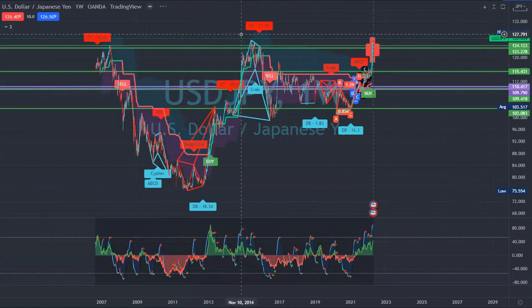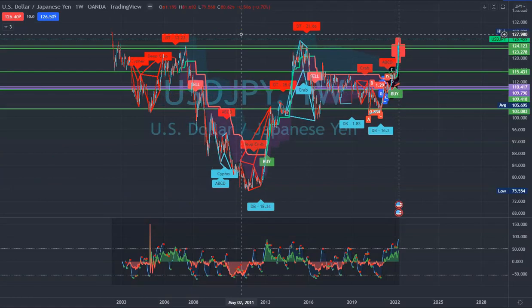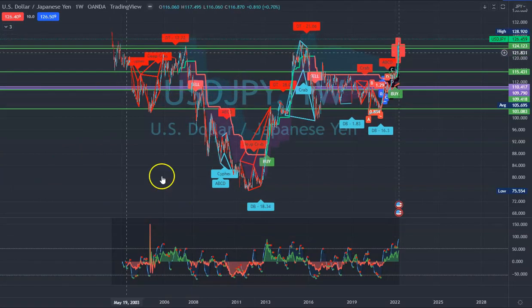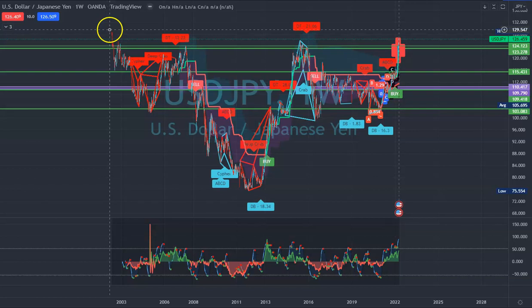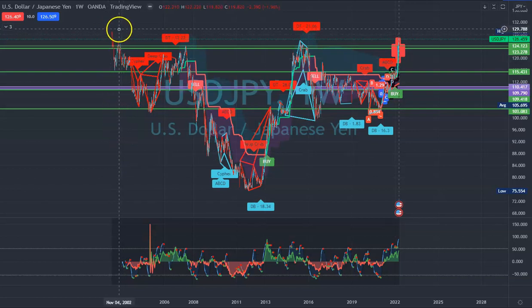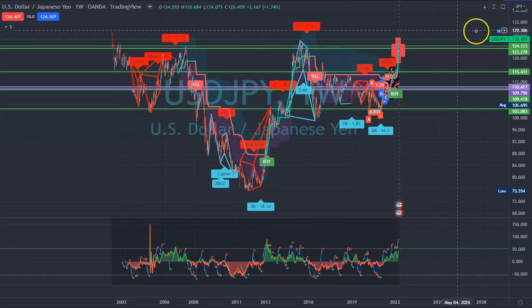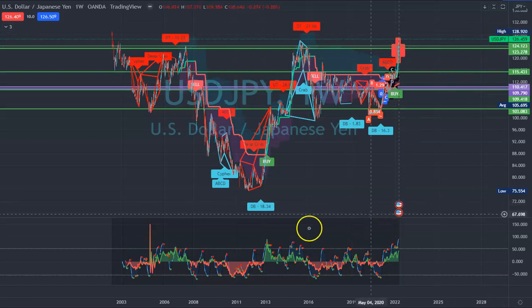And it's breaking beyond that, which is really impressive. The data doesn't go back far enough. They're going back to 2003 levels. This is it, that's the top right there. 120. I mean, we're going for 128. We're going for the high of 128.920.